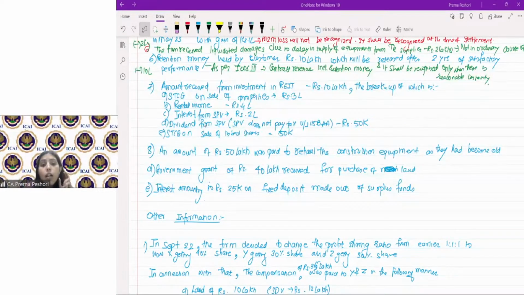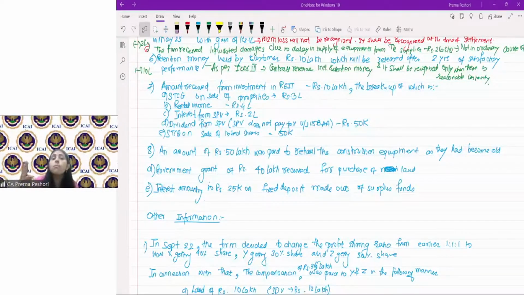Now, income from the sale of the property, the capital gains which will arise. The income from renting of immobile property arriving to the REIT is exempt in the hands of the REIT.